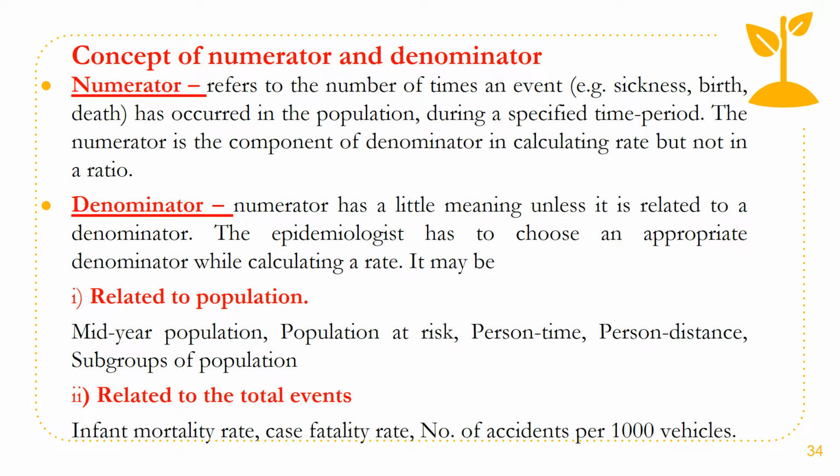So 500,000 is the numerator and the denominator is 30 million. So always the numerator is related to the denominator. Then it may be related to total events, like infant mortality rate, case fatality rate, and number of accidents per thousand vehicles.